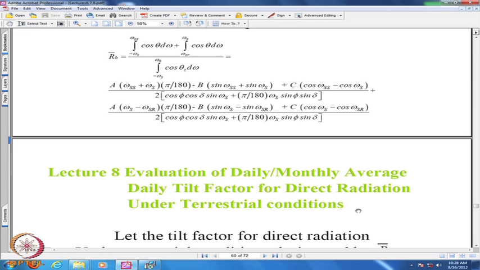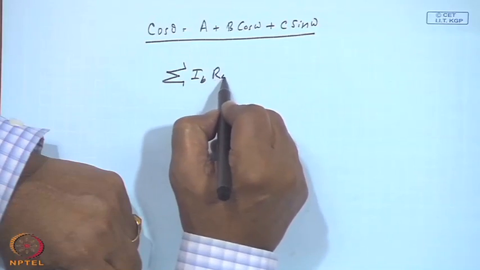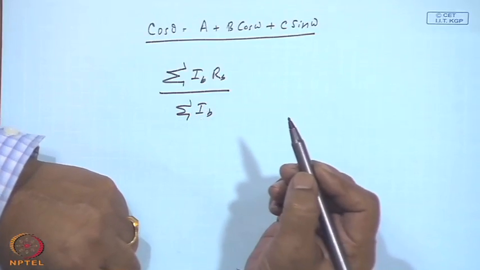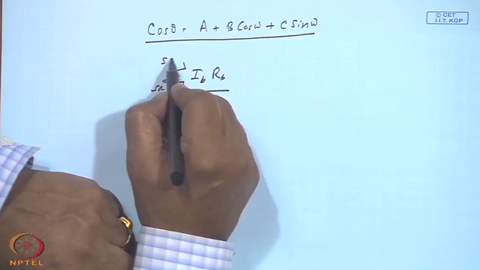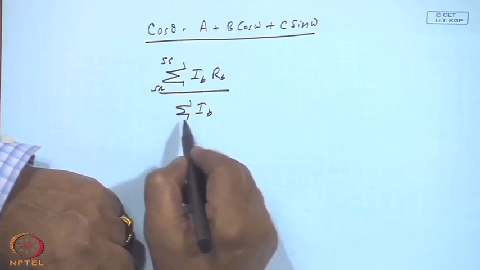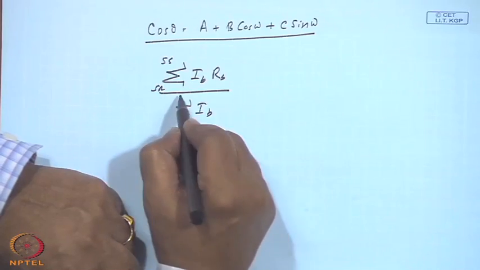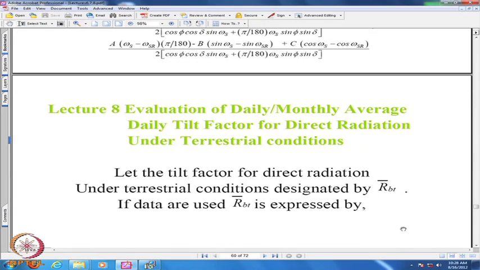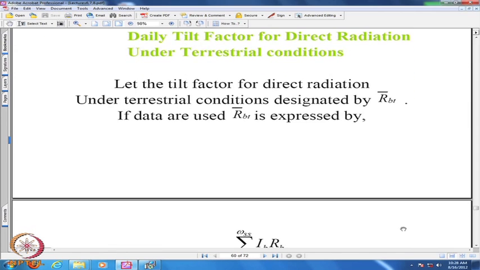Of course, if you have the data, you can always do it as a summation of direct radiation from sunrise to sunset, minus omega_s to plus omega_s. But the difficulty is calculating 12 calculations or so, and then further you need the data.